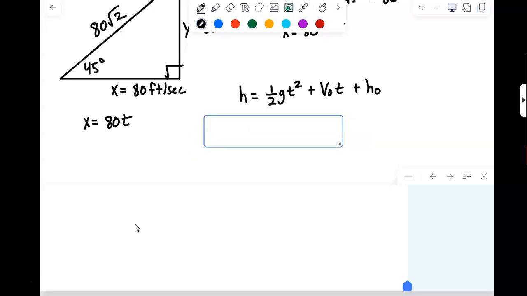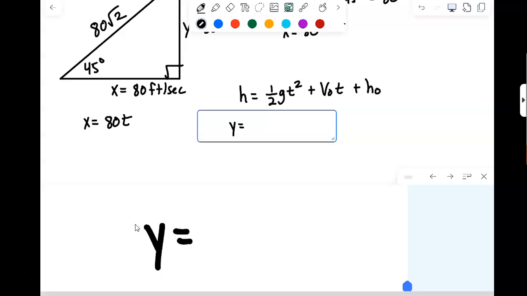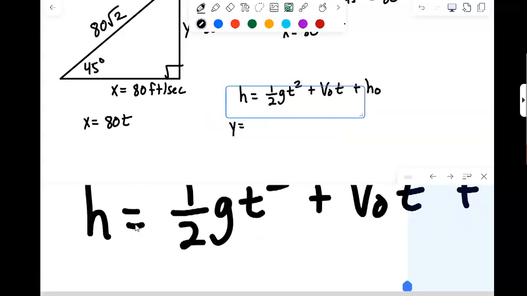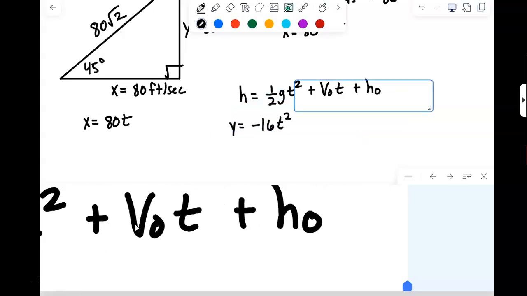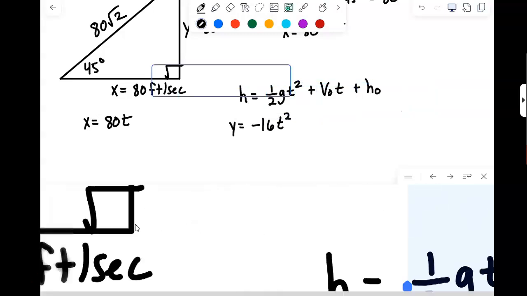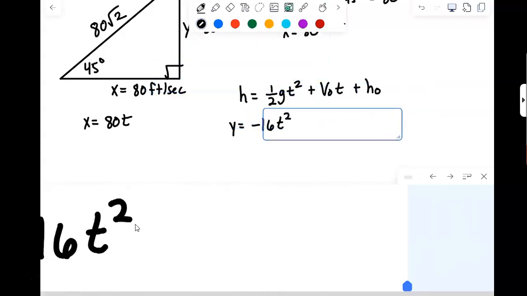So in this case, my y function would be 1/2 of gravity, which is negative 32 feet per second squared, so negative 16 t squared. And then the initial velocity is my 80 feet per second.